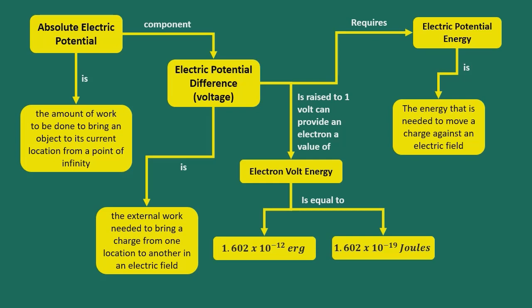So meaning to say, we do not know where it comes from as long as it is infinity. So basically, that is the absolute value, wherein a specific value is caused only by the electric potential difference.